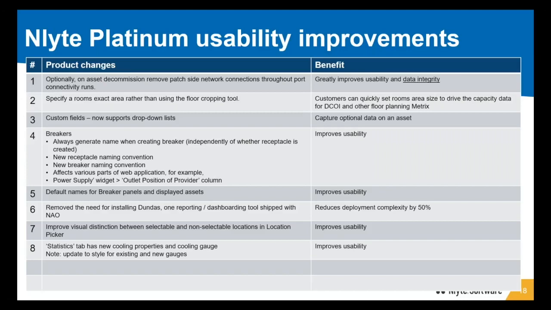You should have more custom fields now in 11, because we've removed all the ones we were using in the Platinum setup. So you've now got more custom fields to use, and a new type of custom field, so you can have your drop-down lists or your nested lists. Plus you've got all of these other improvements around the core system.